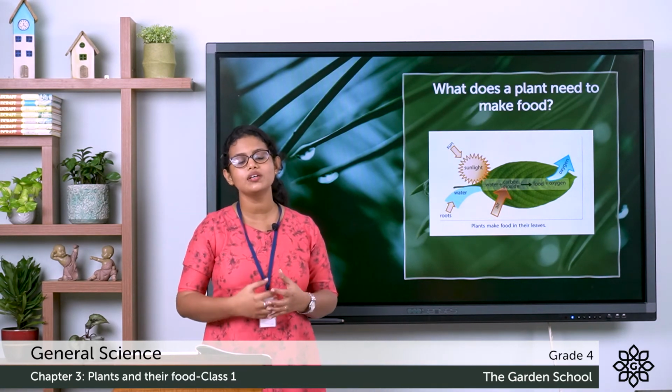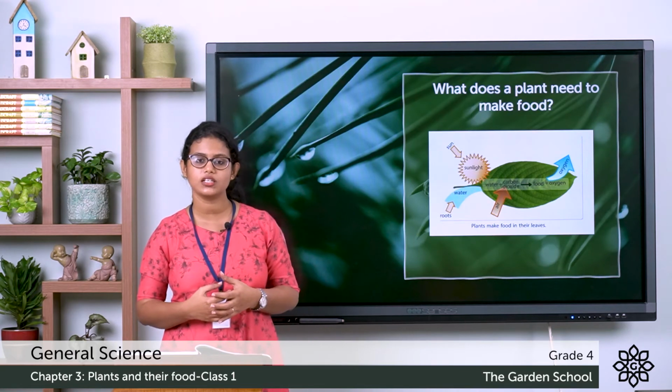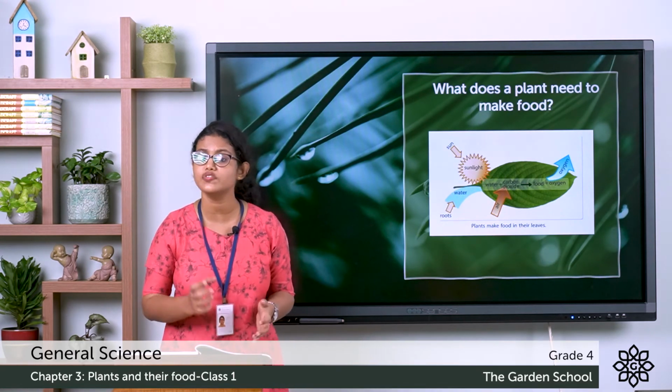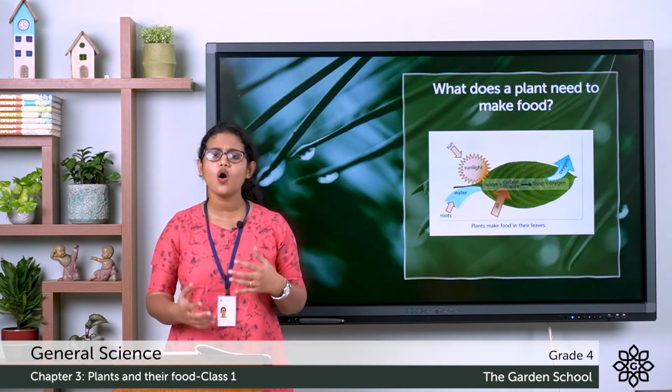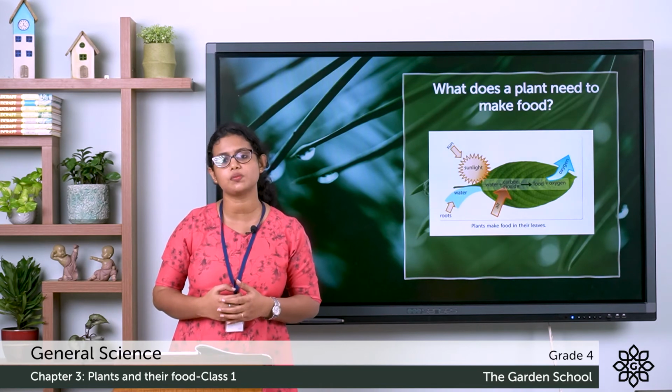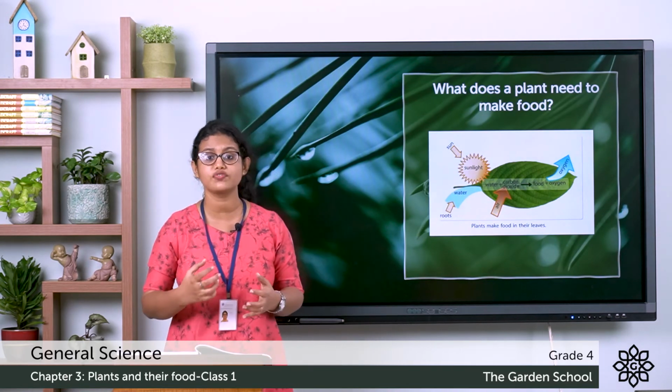The food that is prepared by the leaves, we call it glucose, and that is a kind of sugar. All the food that is prepared by the plants is not used by them. So what about the leftover food?